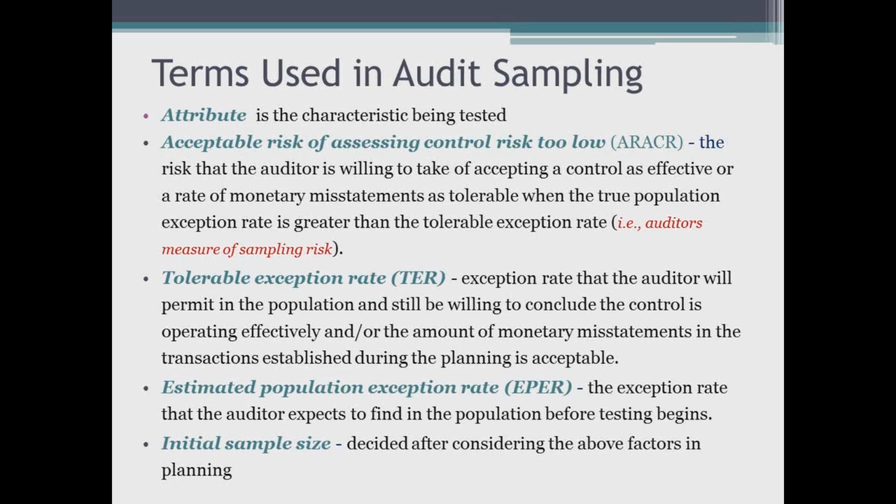Materiality is a quantitative measurement of a misstatement that can occur and not affect the judgment of a rational user. Basically, the financial statements can be incorrect by this amount, and we can still conclude that the financial statements are fairly stated.